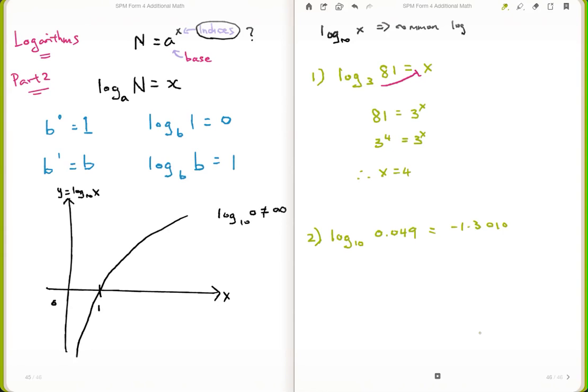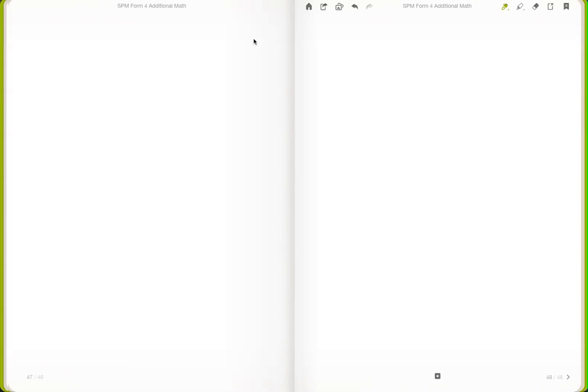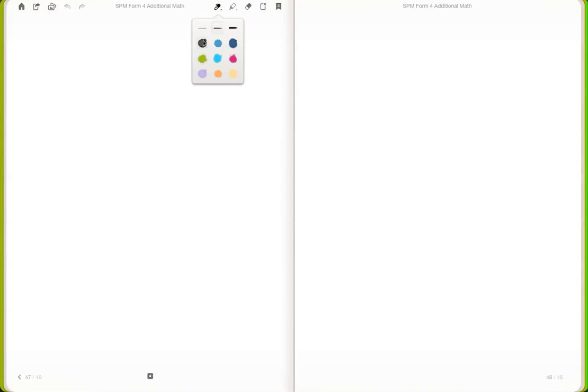Let me highlight some of the laws involved. First law, I think I'll go to the next page. Law of logarithm. First law, I will have log of any base, maybe base 10, or any base.